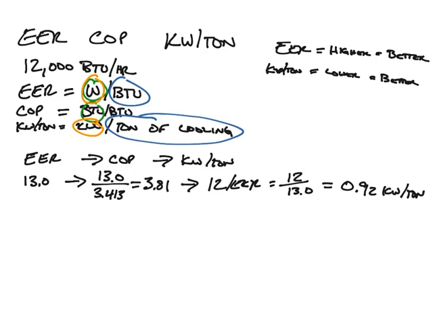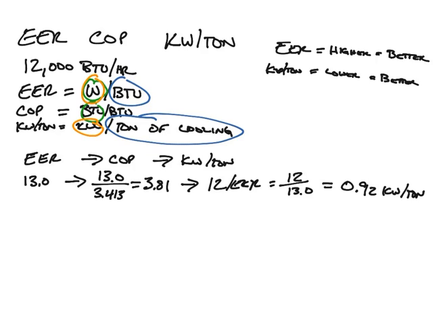So when converting between EER and COP, where you want a higher number, and kW per ton, where you want a lower number, think of 12 as the threshold where 12 equals 1 kW per ton. If your EER is higher than 12, then you know the kW per ton has to be lower than 1. If the EER is lower than 12, then it has to be higher than 1 kW per ton.